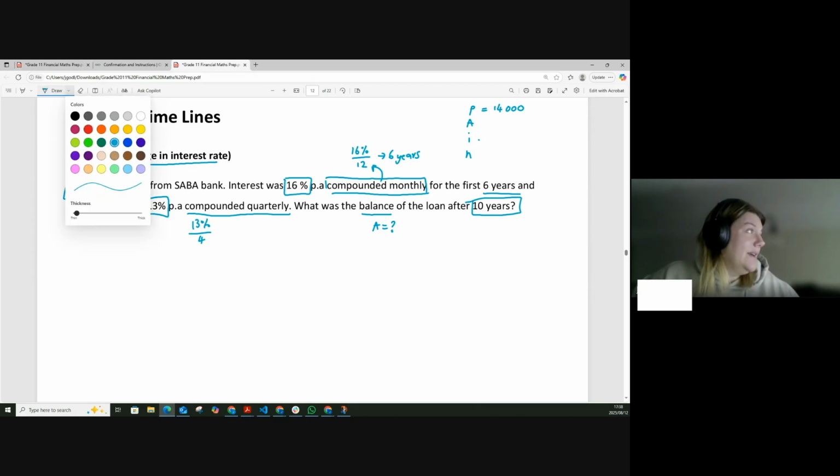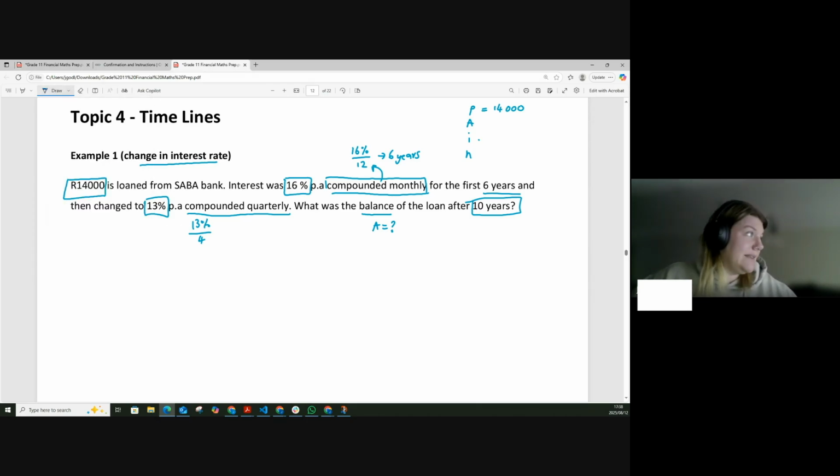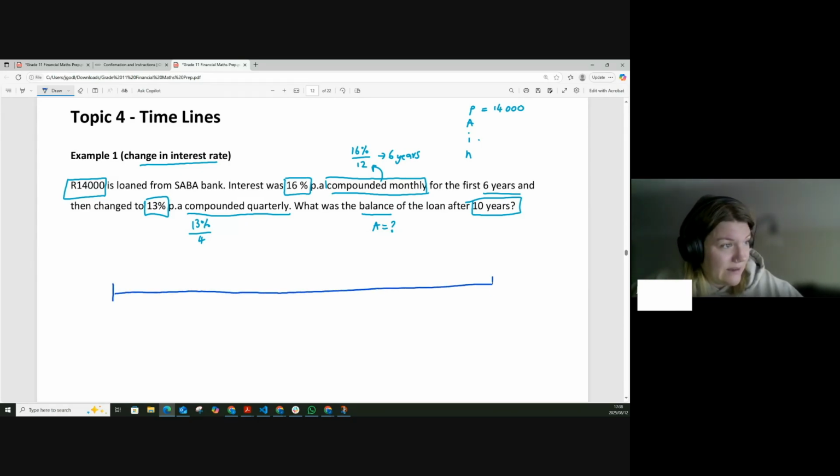Okay, now we've got to put all of this into a timeline. When we have a timeline, we have a start point and we have an end point. Your P value is what you're starting with. So we're starting with our 14,000 Rand. That is at time 0. We don't know what our money is going to end up as.